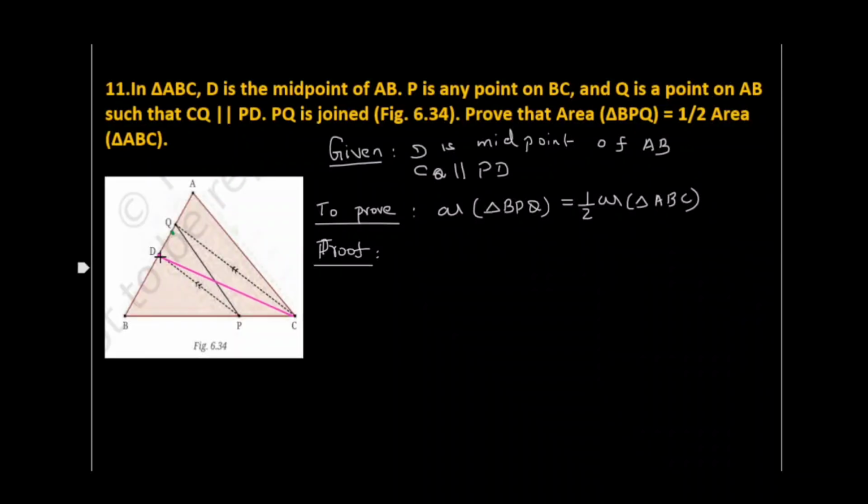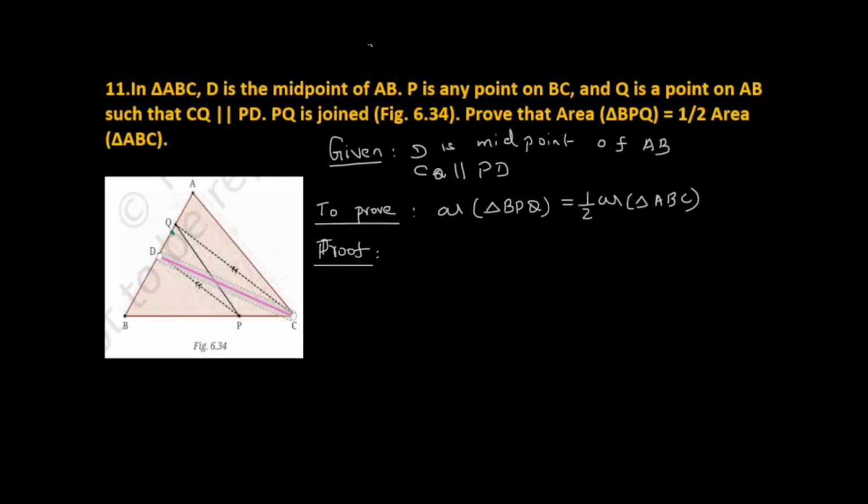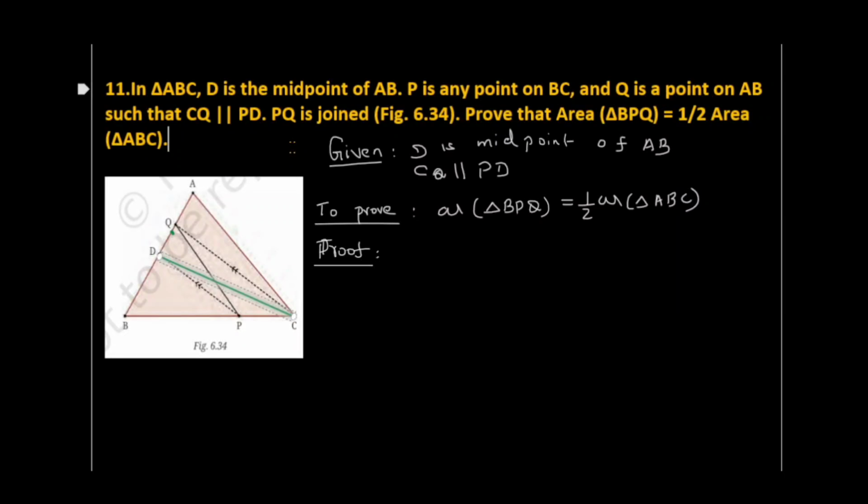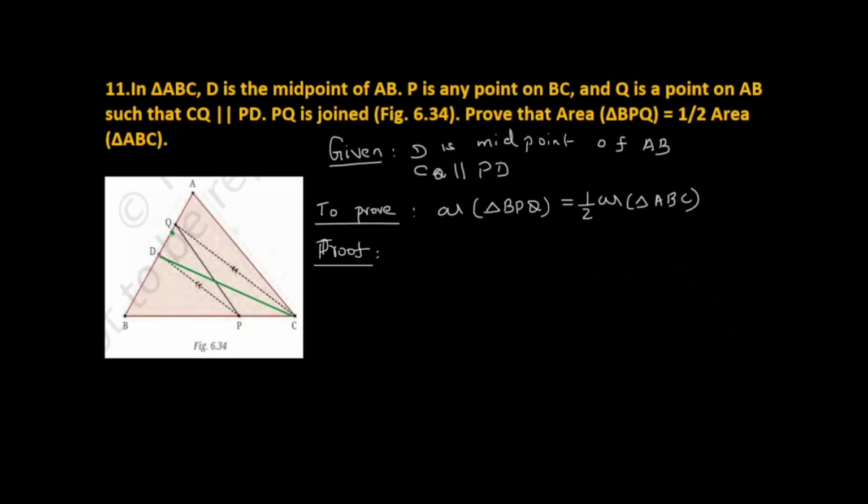So from the midpoint to the opposite vertex, if we are joining a line, that is nothing but the median of the triangle. So consider the triangle CAB.